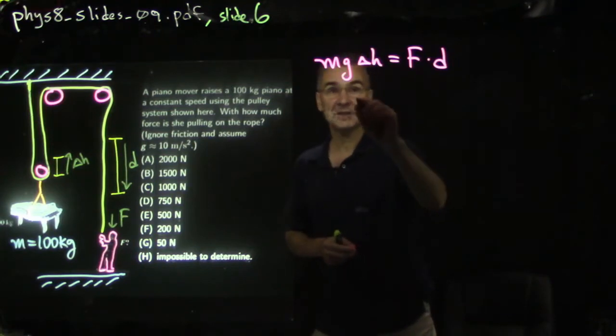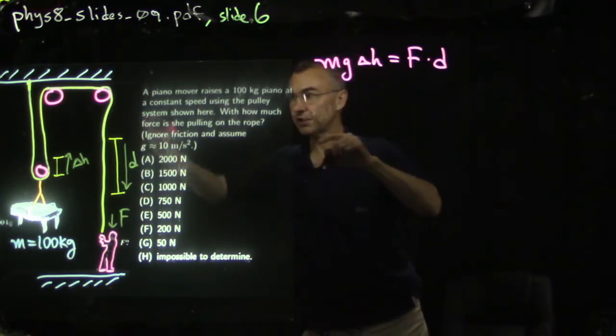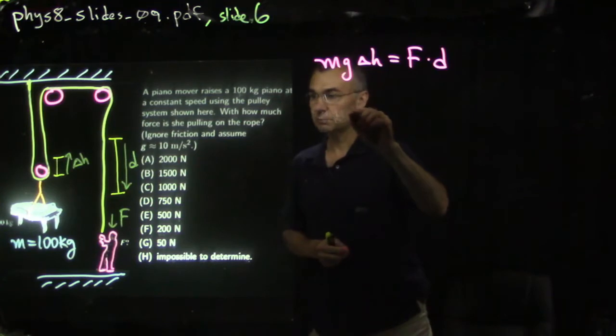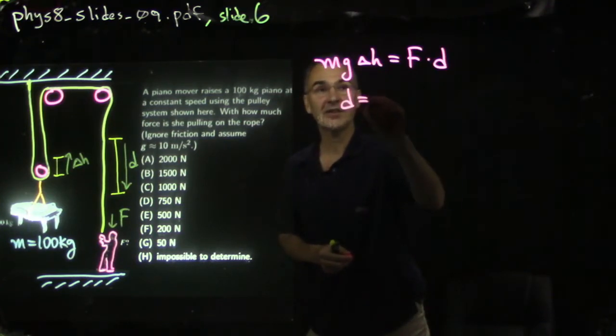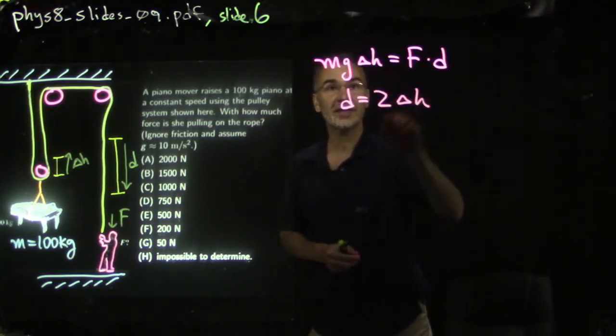And we know, just from the configuration of this block and tackle system, that D is 2 delta H.